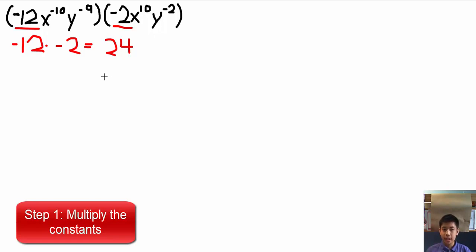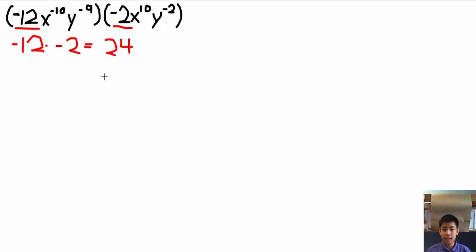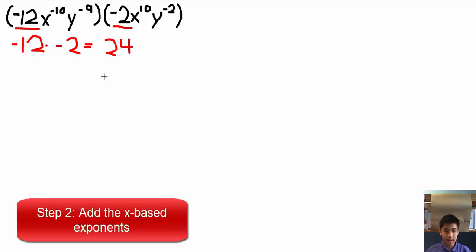Our second step is we have to add the exponents that have the same bases. So in this expression, negative 10 and 10 all have the same base, which is x. Therefore, if we want to multiply them together, we have to add the exponents.